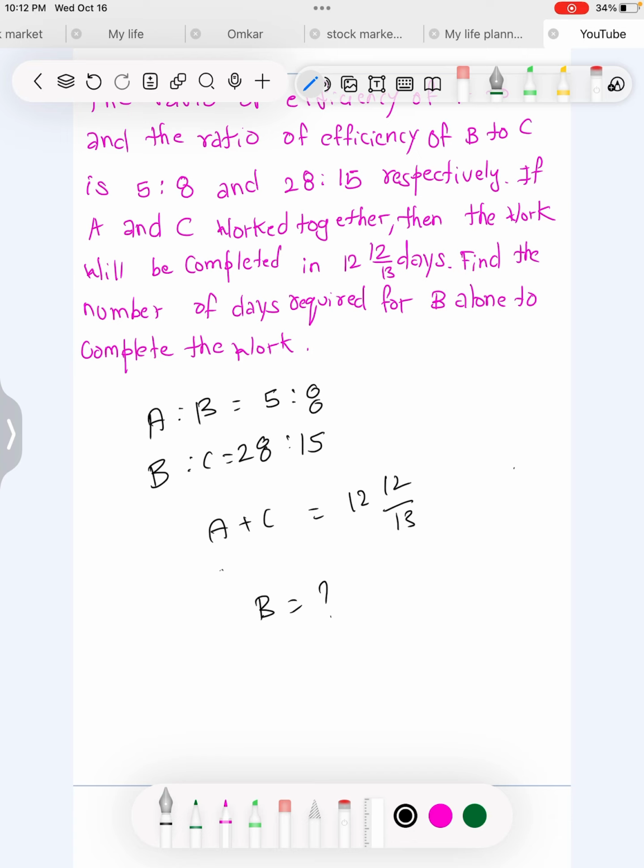Here we can just equate both of these. You can take the LCM of 8 and 28. You can go for simple things, don't go hi-fi. 2 4s are 8, 8 7s are 56. We multiply this by 7 and this by 2.